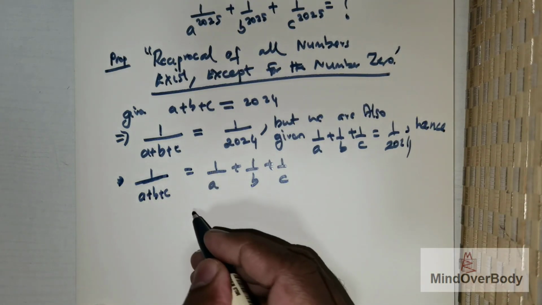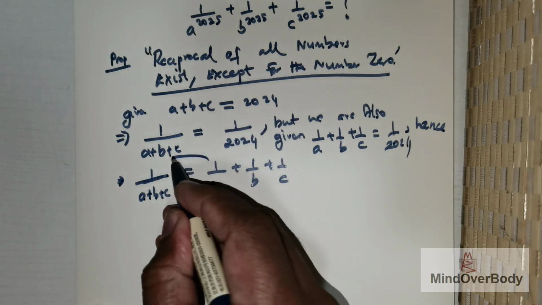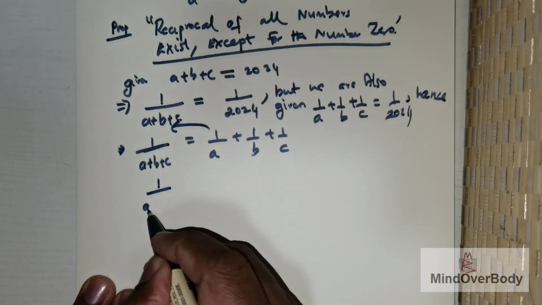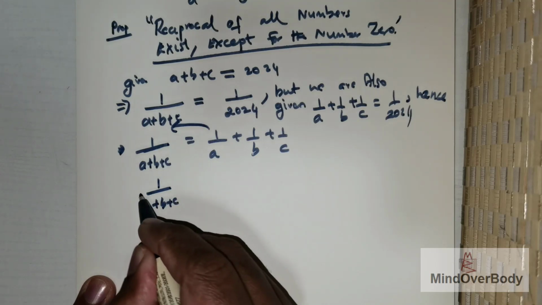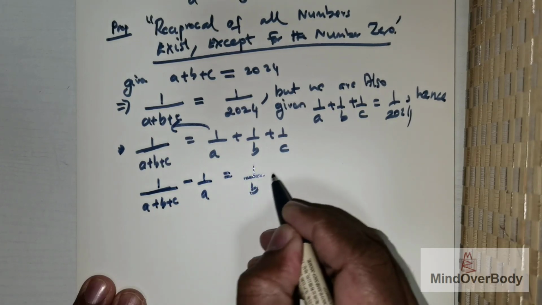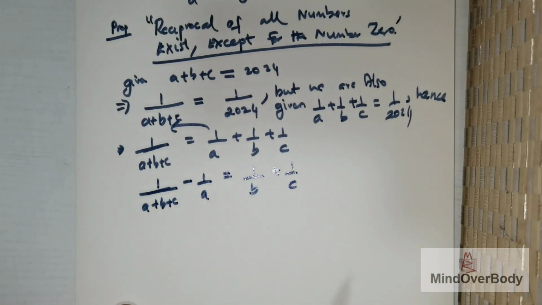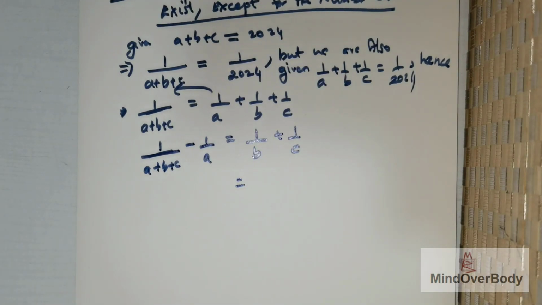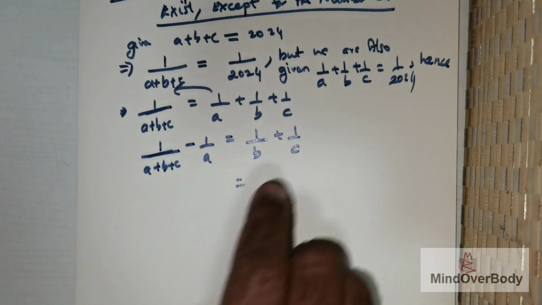Now to solve this you need to adopt this strategy. Just move 1/a to the left. So this is going to be 1/(a + b + c) - 1/a = 1/b + 1/c. Now take the LCM. The LCM for this is going to be bc.